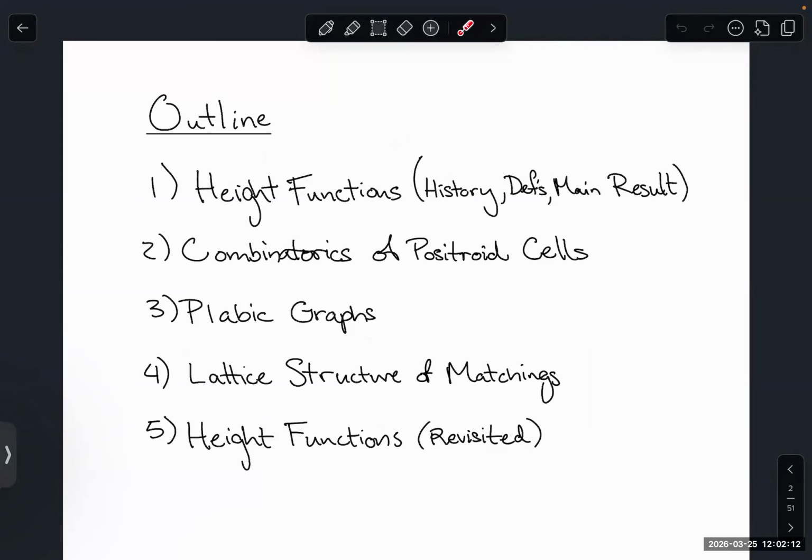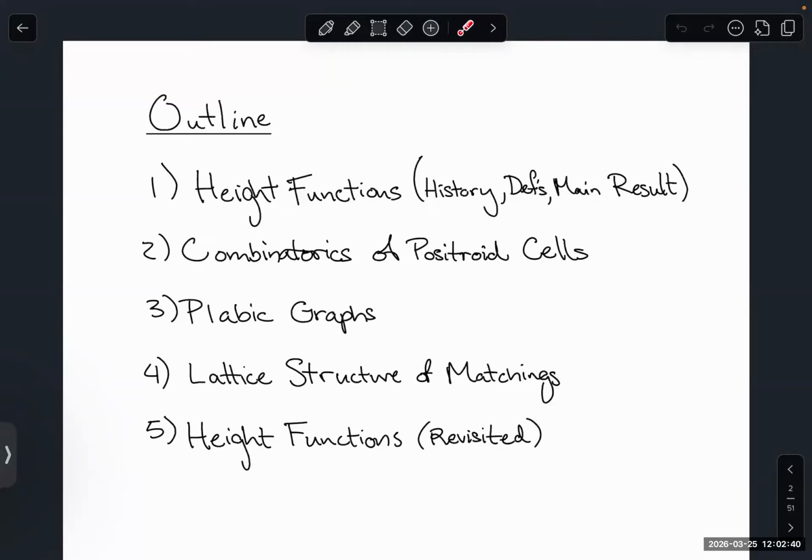the outline that we have for today, we're going to start talking about height functions, some of the history, main definitions, and a main result, just to get us a kind of hand wavy picture of what we're building towards. But then we have to really jump back and discuss three big topics of background information: the combinatorics of positroid cells or positroids.